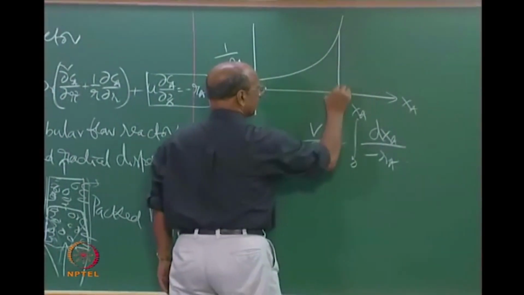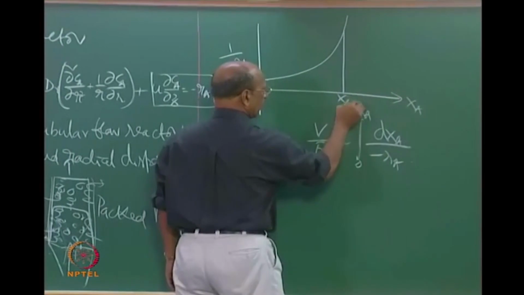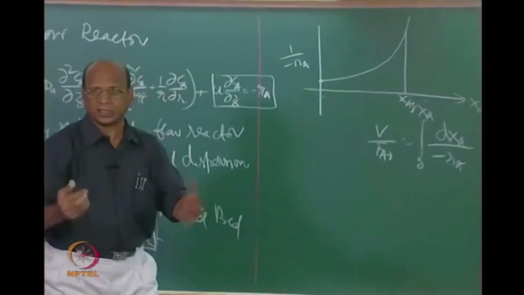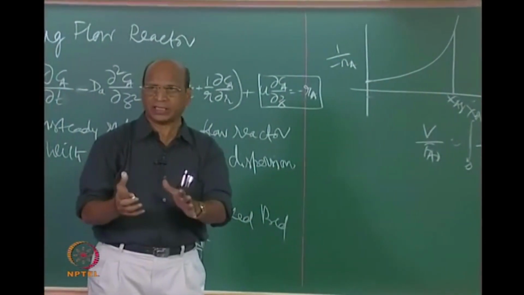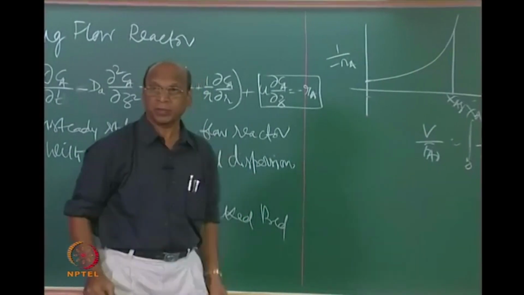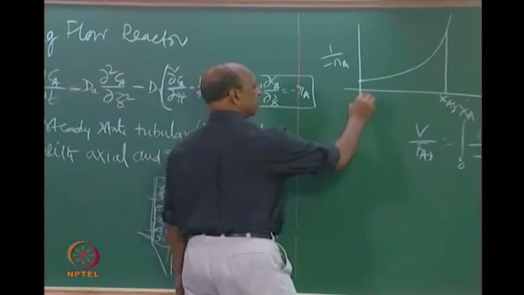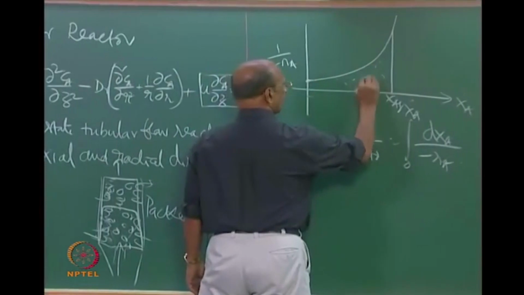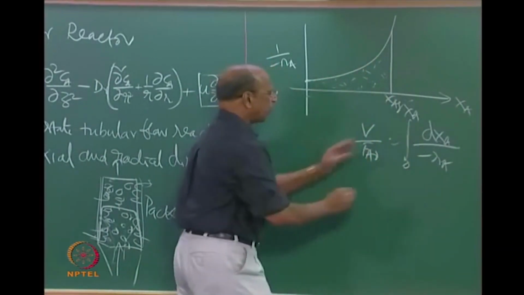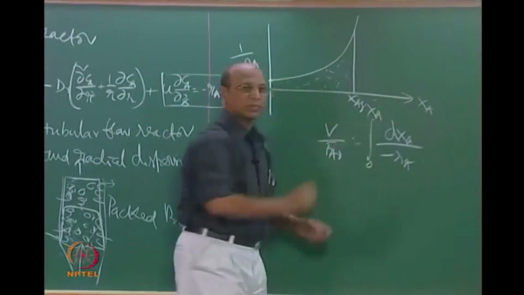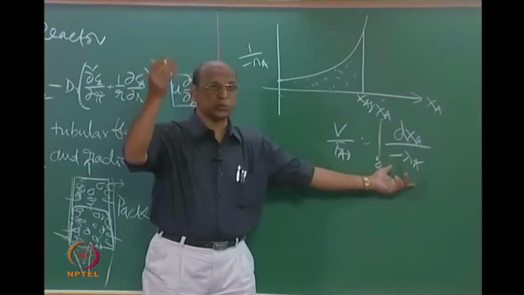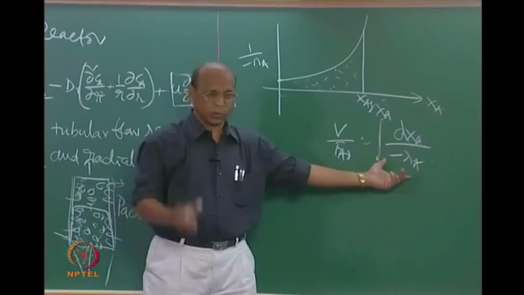XF I am just showing, that is my conversion, 90% conversion for example. Then the area under the curve will be, in fact I just plotted only this side, elementary calculus which we learnt in school and probably have forgotten.